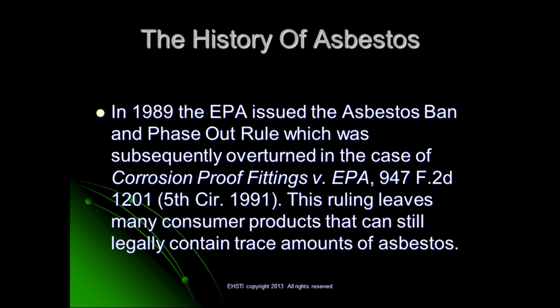In 1989, the EPA issued the Asbestos Ban and Phase-Out Rule, which was subsequently overturned in the case of Corrosion Proof Fittings versus EPA. This ruling leaves many consumer products that can still legally contain trace amounts of asbestos.